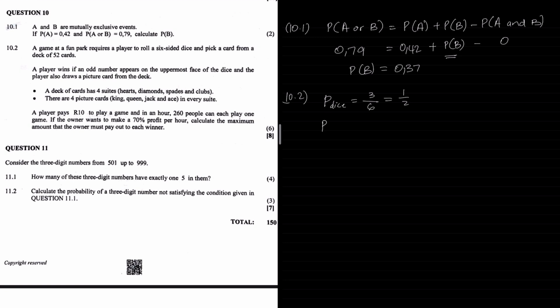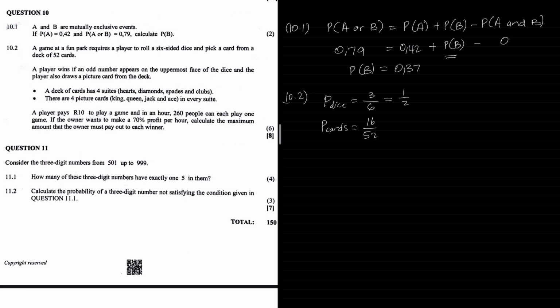And then if you look at the deck of cards, the probability for the cards, there's 4 suits and 4 picture cards. So 4 times 4 is 16. So there are 16 cards that would result in you winning if you picked it. So 16 divided by 52, that's the number of cards in the deck.